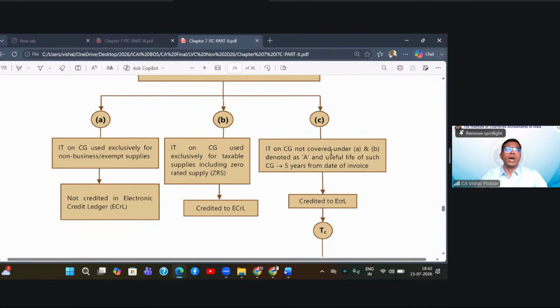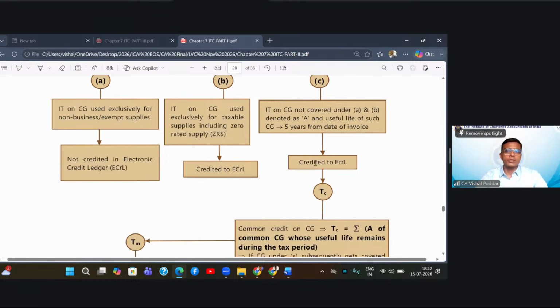This amount you can fully avail in your credit ledger. Now remaining capital goods are the ones which are other than A and B, that is, the common capital goods. Now for such capital goods, the rule is firstly, you will credit the entire ITC of such capital goods to your electronic credit ledger. So firstly, in the month of purchase, you credit the entire ITC of the capital goods.